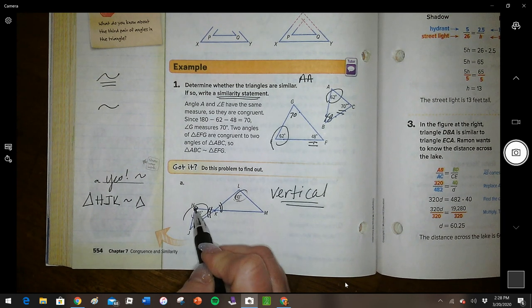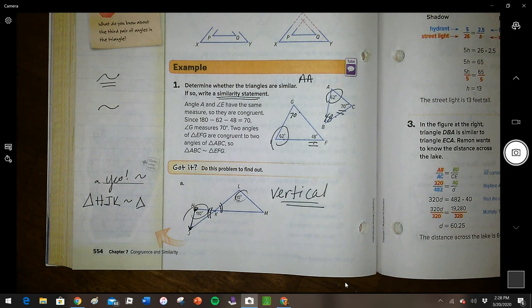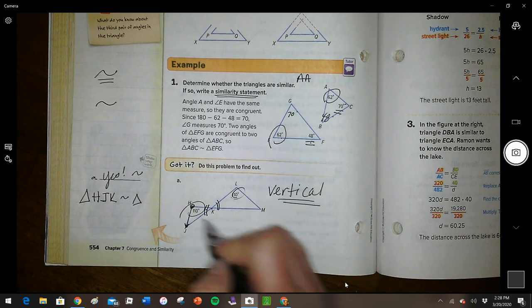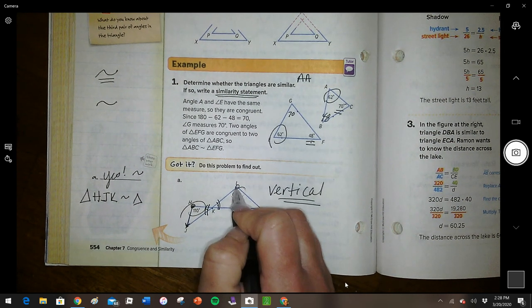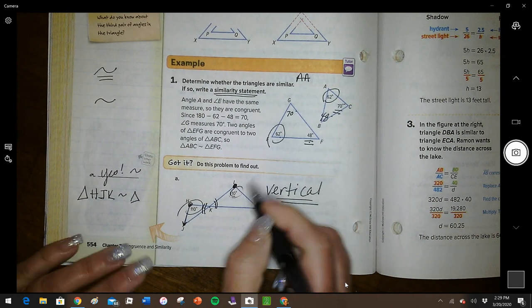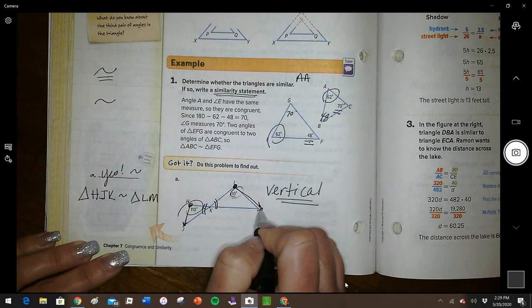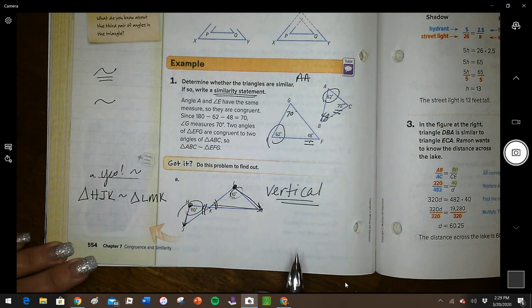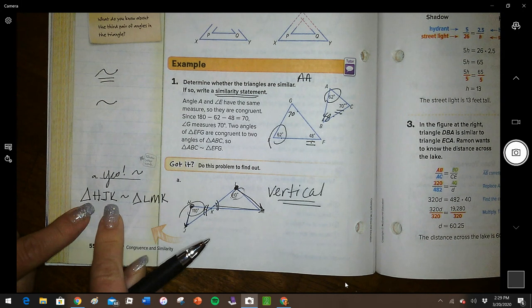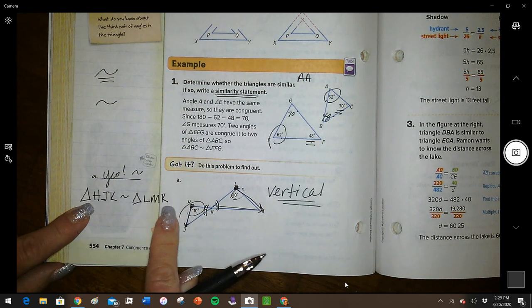Here's H, and I've got to go to J. I'm starting with that 110 angle, so I know I'm starting at L, and then I'm going to go to M. So L, M, and then into K. Okay, so triangle HJK is similar to triangle LMK.